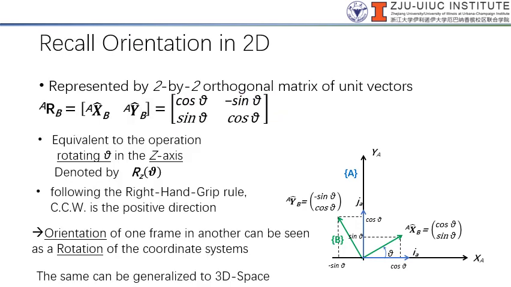Okay, so orientation in 2D is very much the same, in fact mathematically equivalent, to a rotating operation. Imagine what we have seen earlier with orientation in 2D.